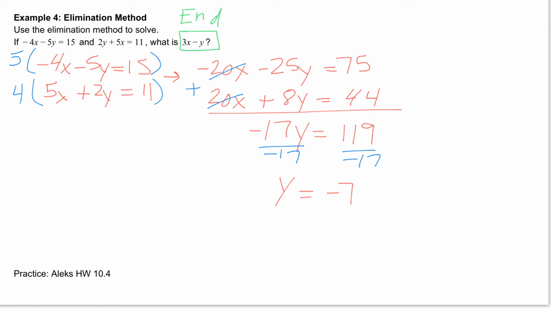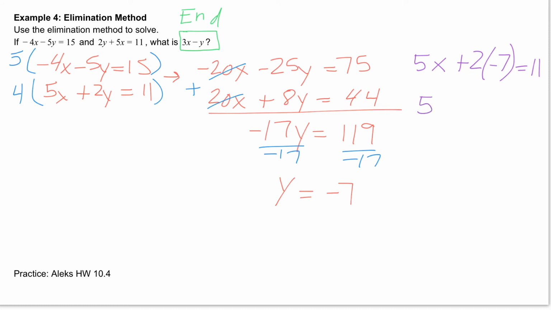And I get 5 times x, which I don't know what x is yet, plus 2 times my y value, which is negative 7, and that's equal to 11. Next, I need to multiply the 2 and the negative 7, which will give me negative 14.